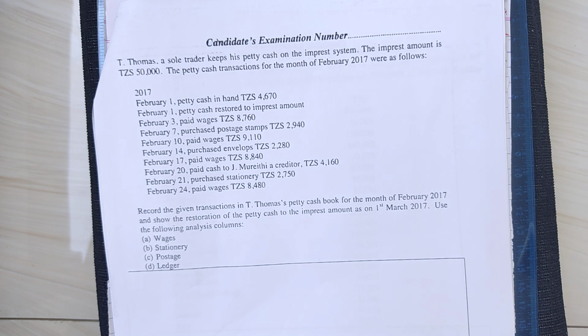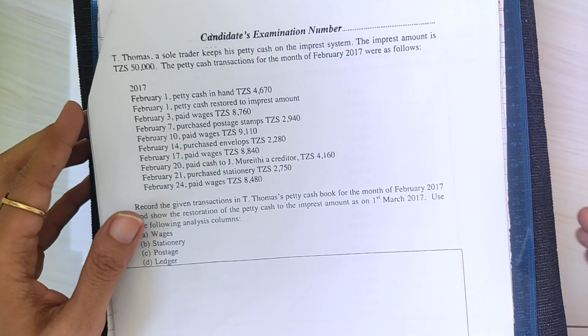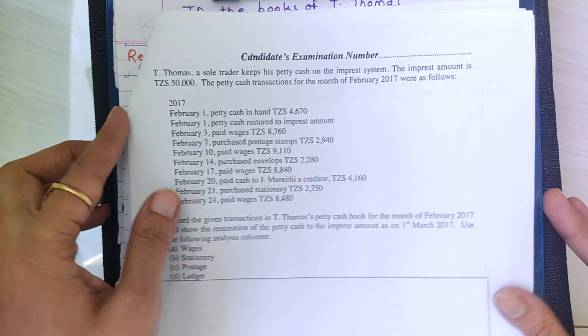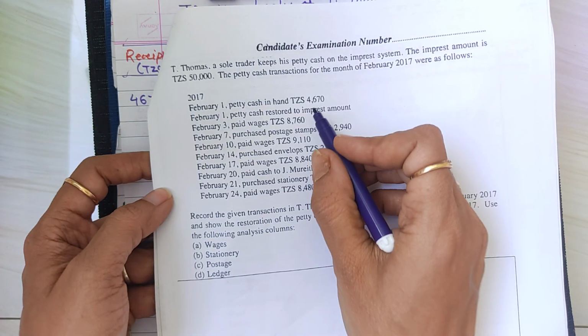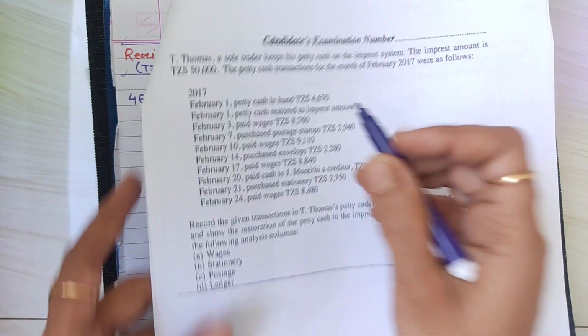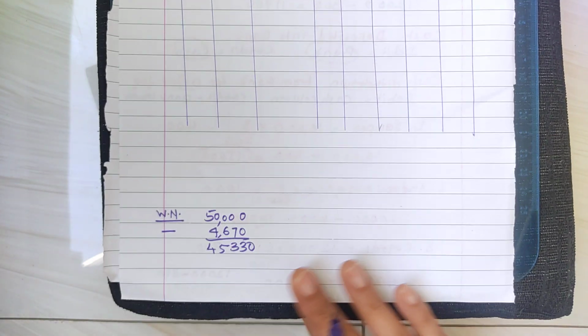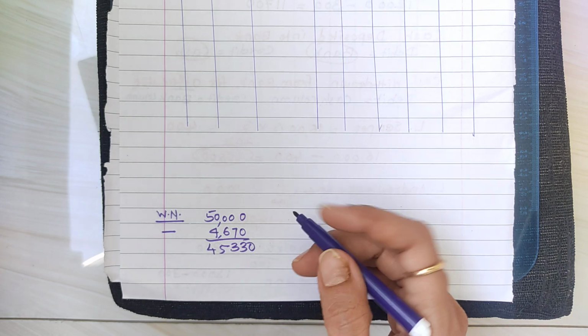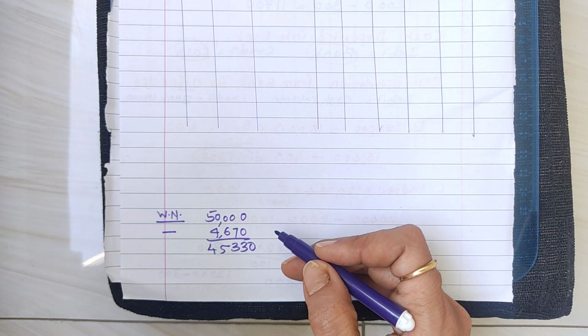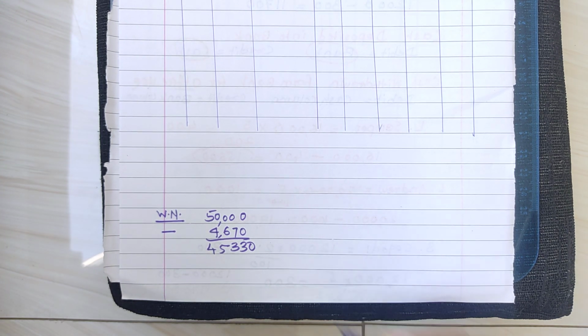So the petty cashier is reimbursed with an amount equal to the amount spent in order to restore the initial level of cash. So here we have to restore the initial level, that is 50,000. How much is cash in hand? 4670. So how much amount, if received again, will make it the same 50,000? So we deduct from 50,000 the amount which is in hand.